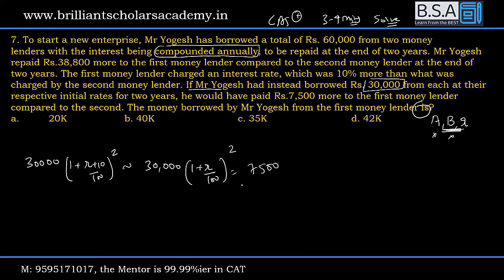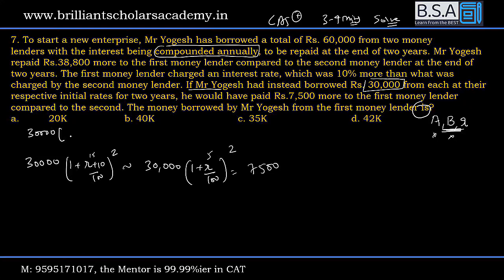Now here I will suggest you use your calculator. I can convert this into a quadratic, but that will be a waste of time. You check values of R. Take R equal to 5% till 15% and see if the gap can be created. I'm taking 30,000 common. I'm checking for just 5%.